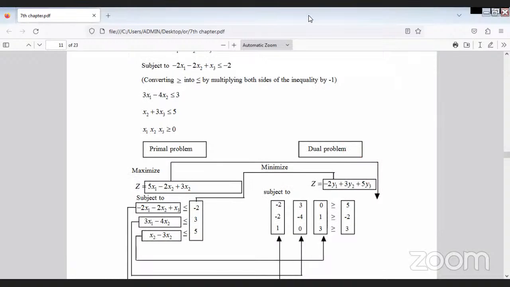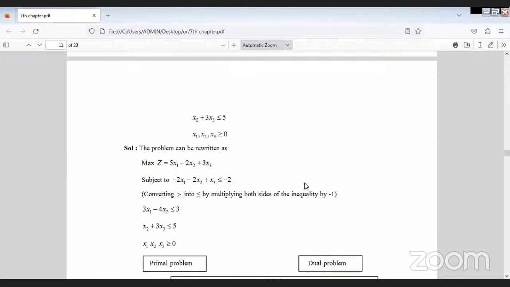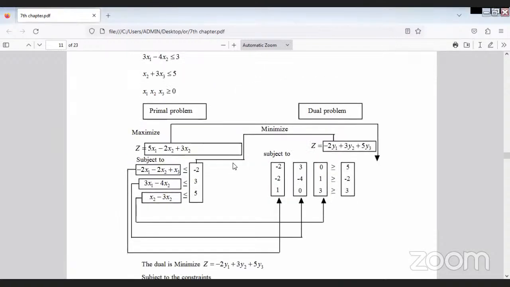So from the equation we are writing, subject to the constraints, minus 2, minus 2, minus 1. So I am taking this as minus 2, minus 1, then 3, 4, and 0.